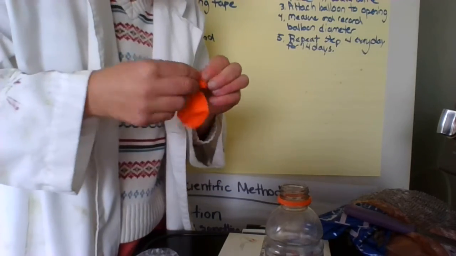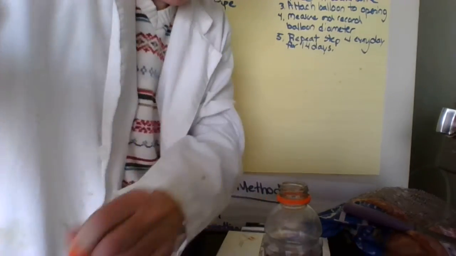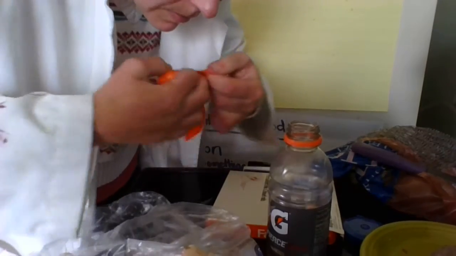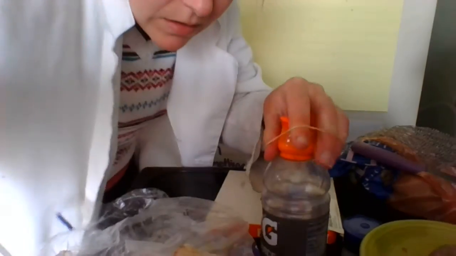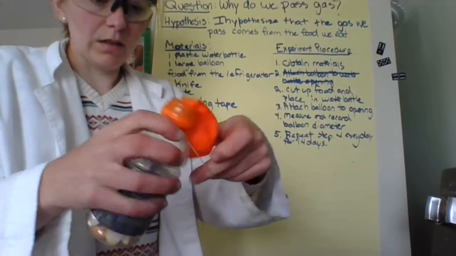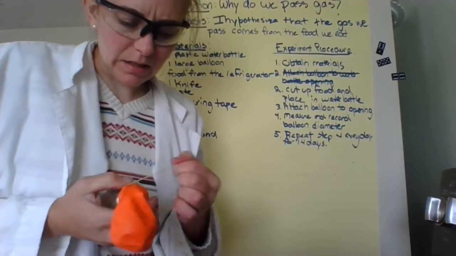Just kind of open it up and stick it over the top. Alright, that's on there. And then maybe I'll put my rubber band on just to make sure that it stays on. Because I don't want any gas escaping.